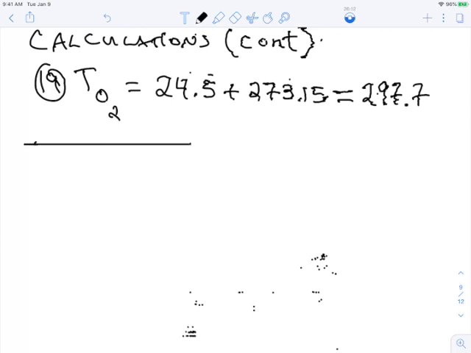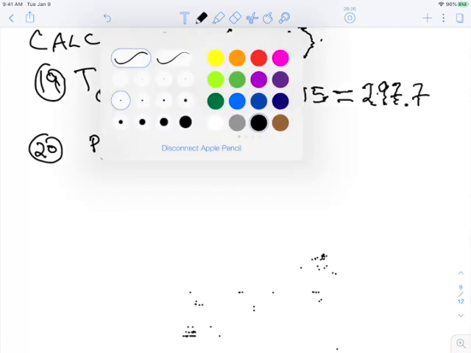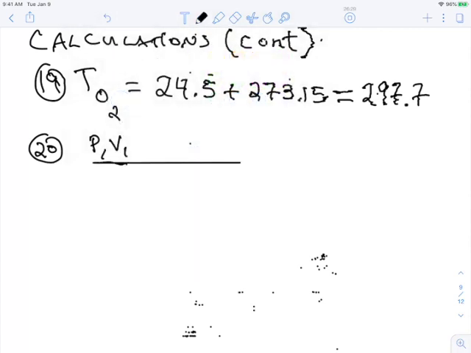So what I'm going to do for this item is use the combined gas law, which is P1 times V1 over T1 equals P2 times V2 over T2.